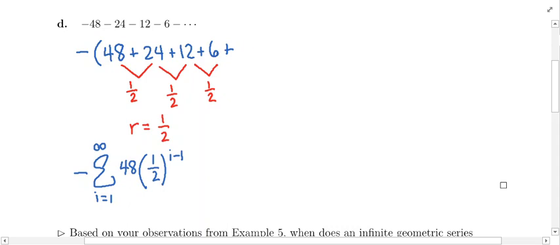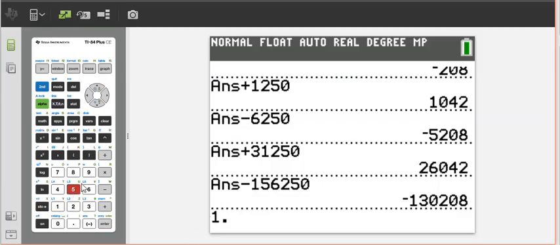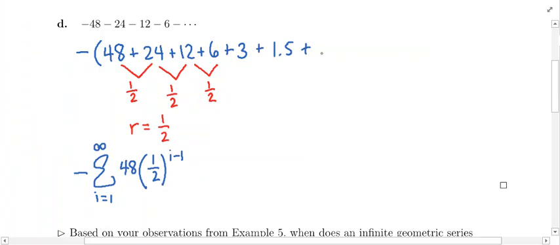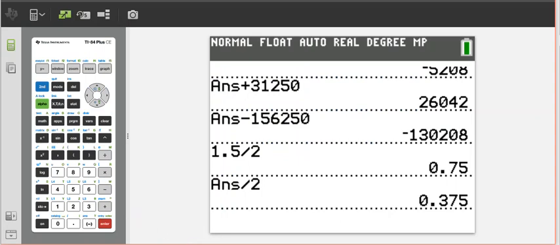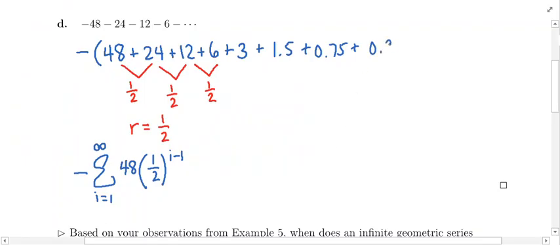So 6 times 1/2 is going to be 3. 3 times 1/2 is 3/2, which is 1.5. Then the next term, 1.5 divided by 2, is 0.75. The numbers we're adding are getting smaller and smaller. Divide this by 2, the next number is going to be 0.375.